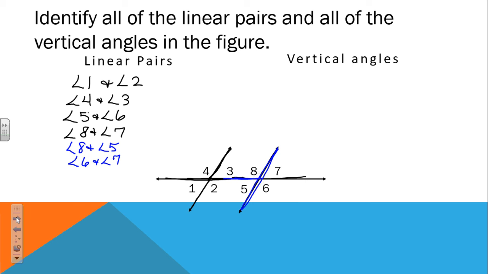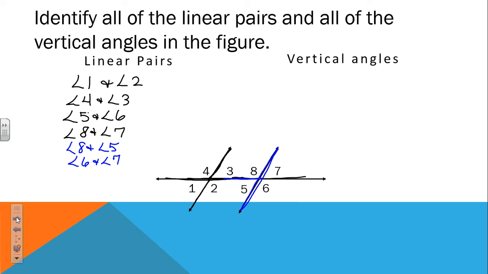Okay, we started going down this road and we got 8 and 5 and 6 and 7, but I don't think we've done anything this way. Can you find one for me? I'll come back to you.